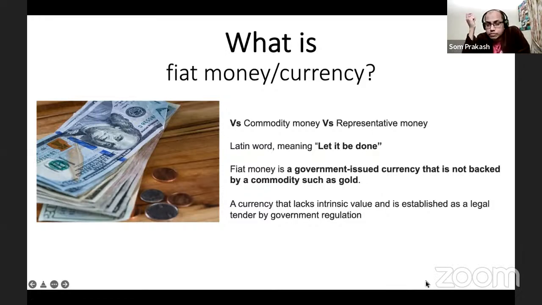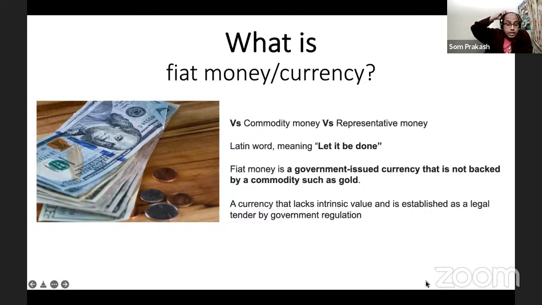How is that possible? Fiat money is a government issued currency. It's not issued by any individual, it's by the government. So that means it is a legal decree. The government is our representation.